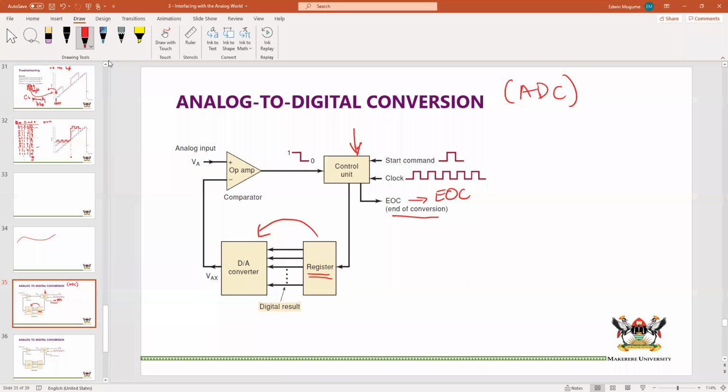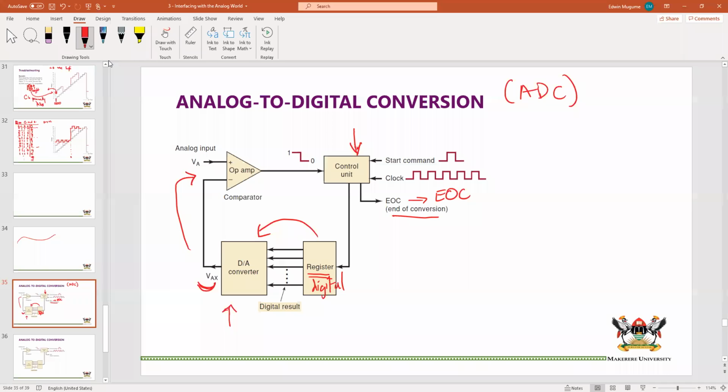The digital to analog converter is the one we've been looking at the last couple of lectures. The register keeps digital information, which goes into the converter and becomes an analog signal, VAX. This VAX is the analog equivalent of the information stored in the register.